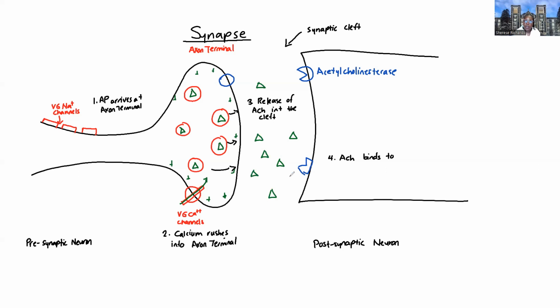The role of neurotransmitter is to bind to these channels, and that will essentially open them up. These ligand-gated channels are essentially acting in some cases as receptors as well. They're both channels and receptors in that the binding opens them up and helps to depolarize the postsynaptic neuron. So acetylcholine binds to the receptor.